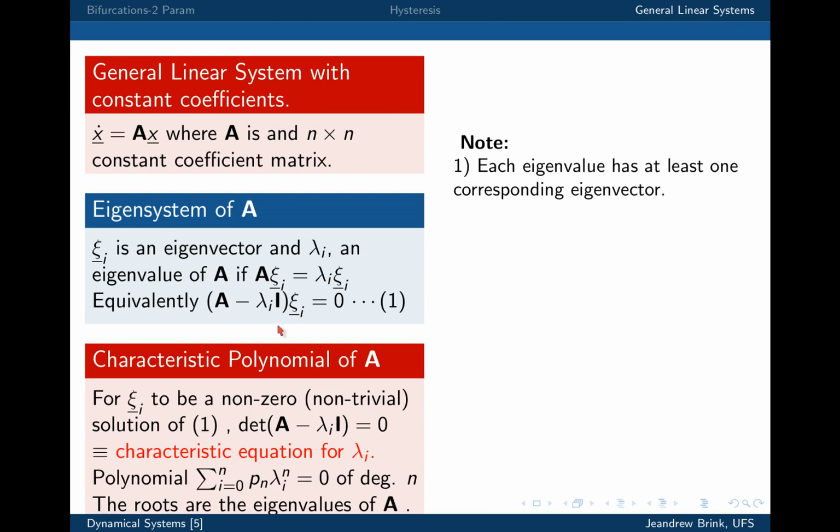What is more tricky is if you have an eigenvalue that appears twice. So suppose you have a characteristic polynomial that's like x squared minus 4, right? Then your eigenvalue is 2.